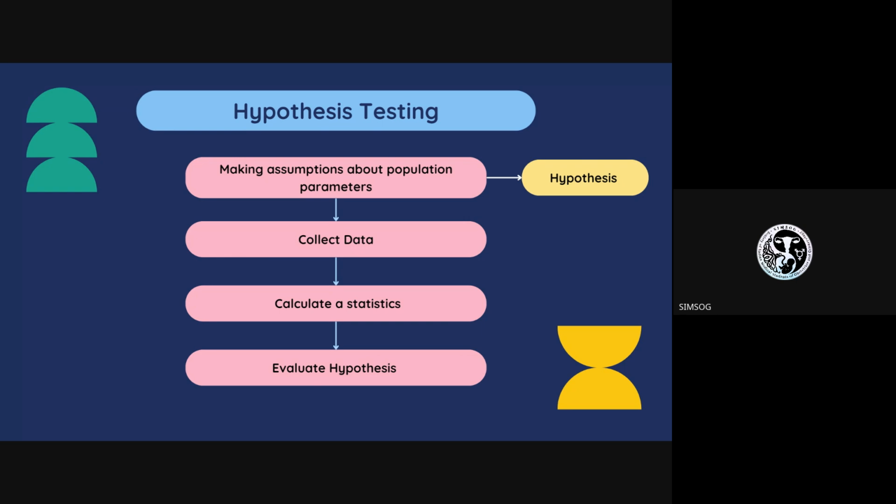I'll go with the example Ovia pointed out very nicely, about washing clothes and pregnancy. So our assumption, the null hypothesis, is washing clothes does not cause pregnancy, and the alternate is washing clothes causes pregnancy.